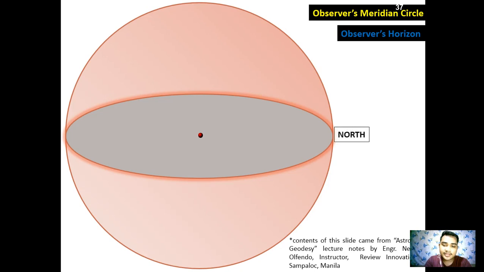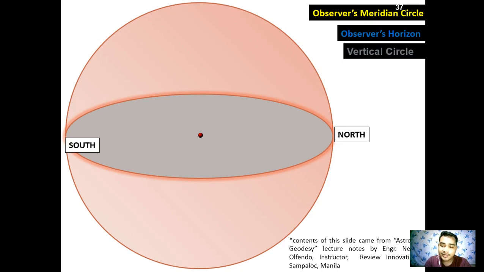And let's consider that the North Pole is over there, and the South Pole is over there. The next plane, on how to locate the celestial body, is that we need two planes, and they must be perpendicular to each other. So the second plane is the vertical circle.